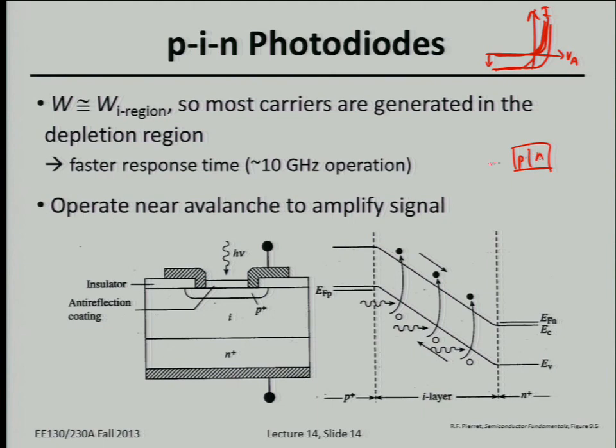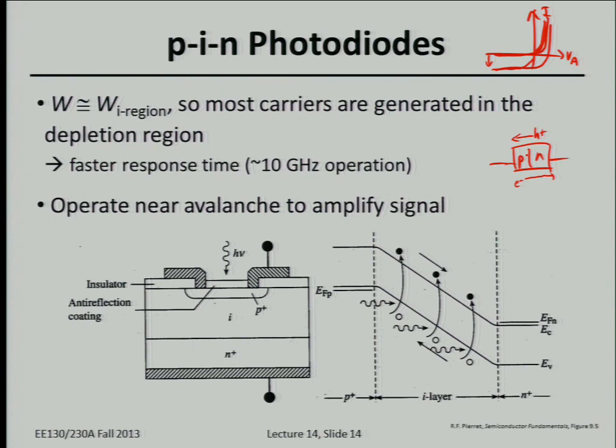So you generate carriers, like holes over here, and they diffuse toward the depletion region, get swept across, and then flow out this contact. Minority carrier electrons generated on this side have to flow all the way across here before you can detect it in your circuit. So it takes significant time for the carriers to diffuse to the depletion region and then get swept across at the drift velocity.